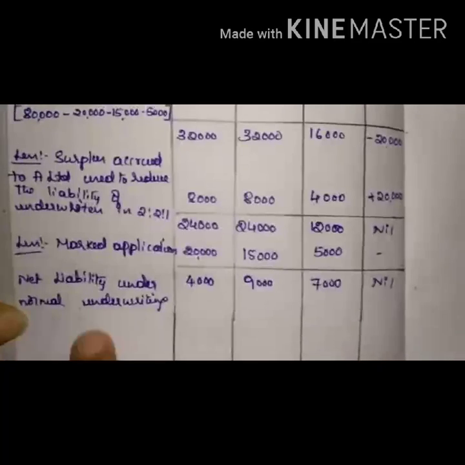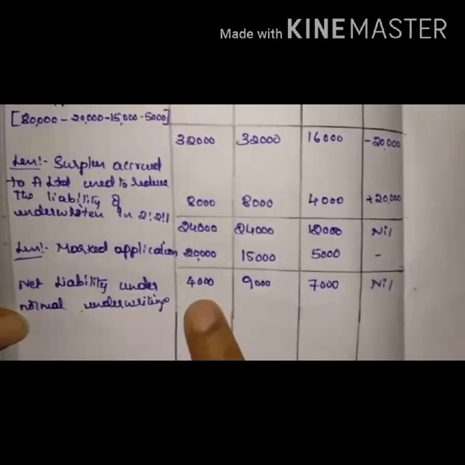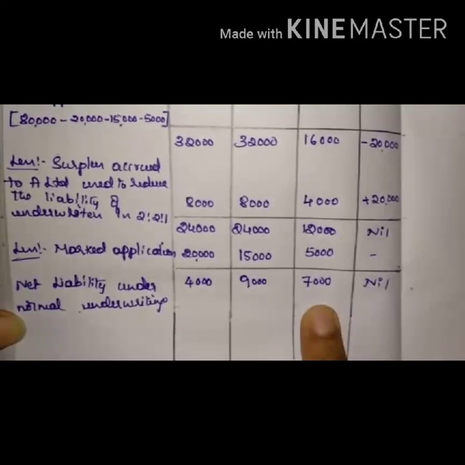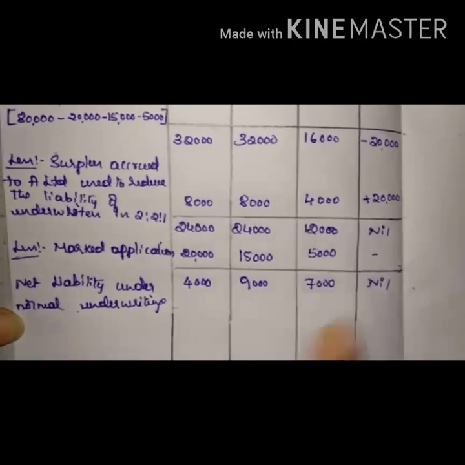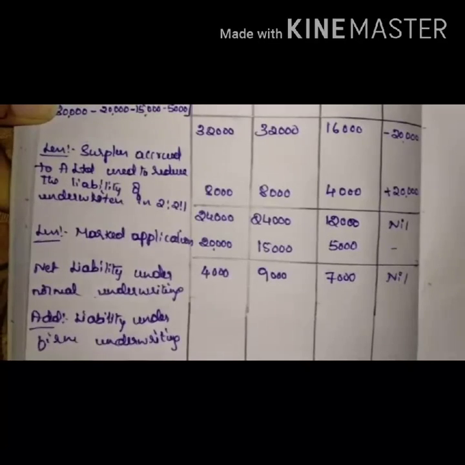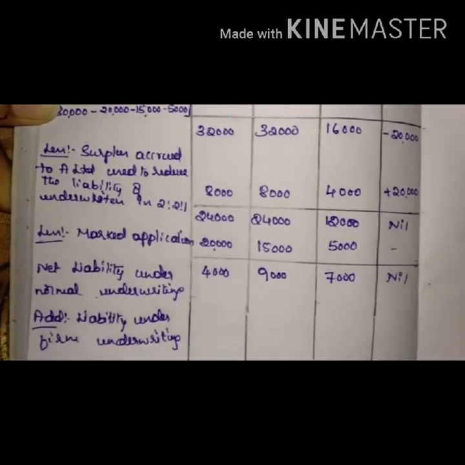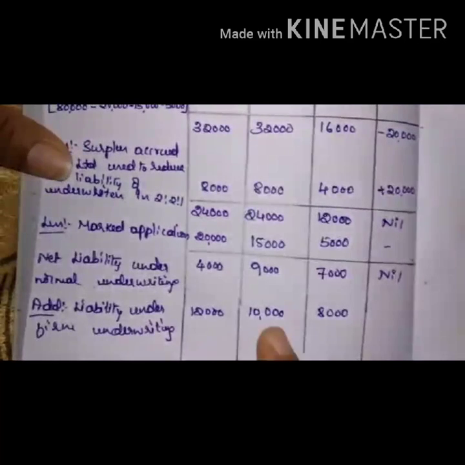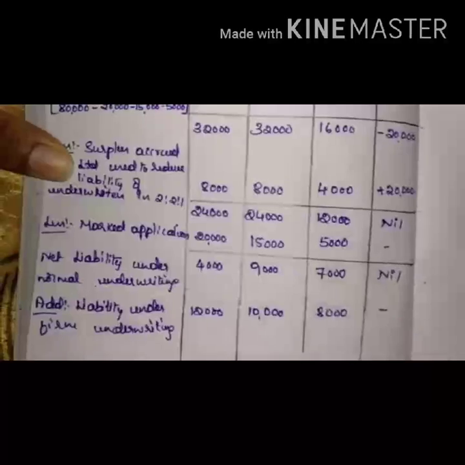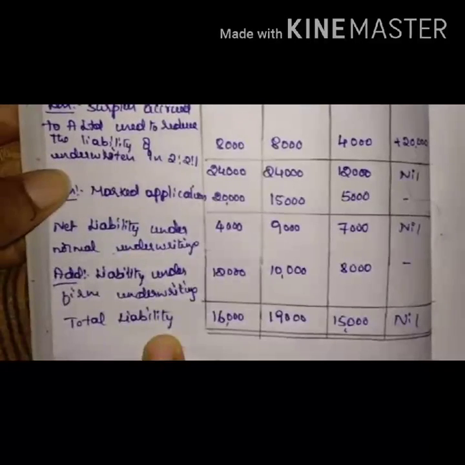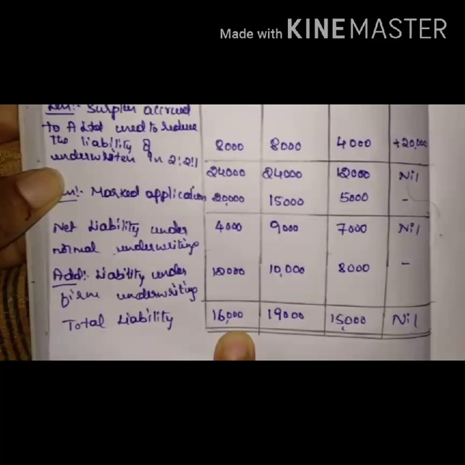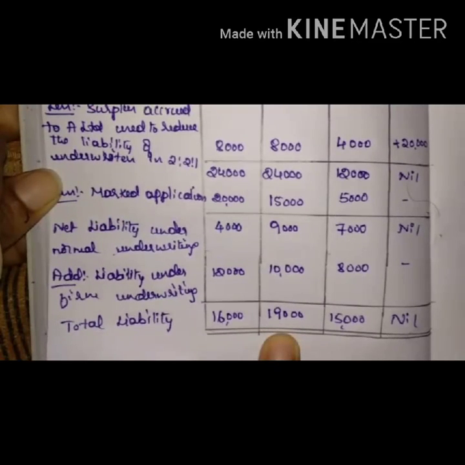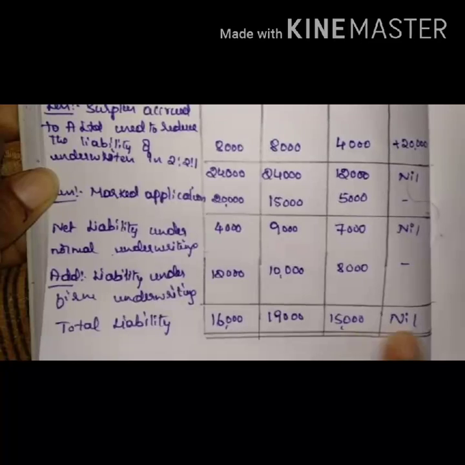So under normal underwriting, this is the liability: X 4,000, Y 9,000 shares, Z 7,000 shares, and for the company liability is nil. Add liability under firm underwriting given in the problem, that is 12,000, 10,000 and 8,000 shares. Therefore, total liability is for X 16,000 shares, Y 19,000 shares, Z 15,000 shares, and for the company it is nil.